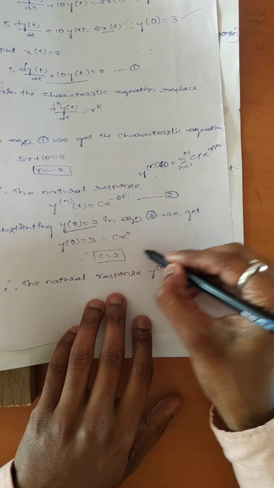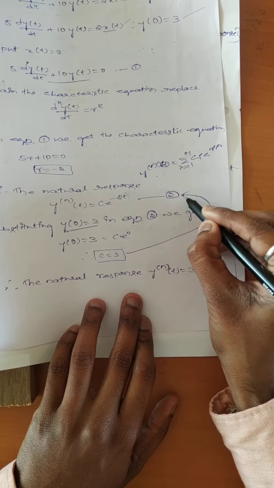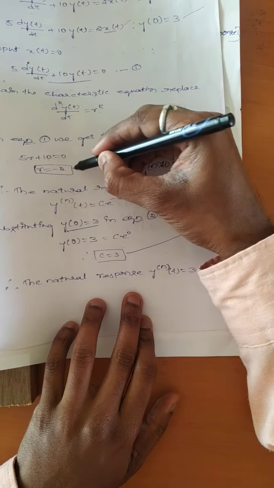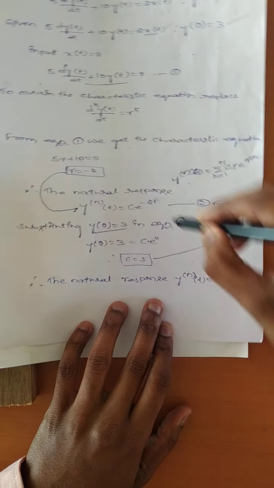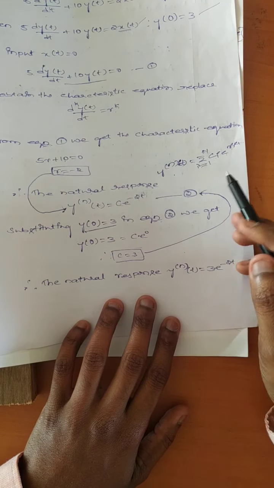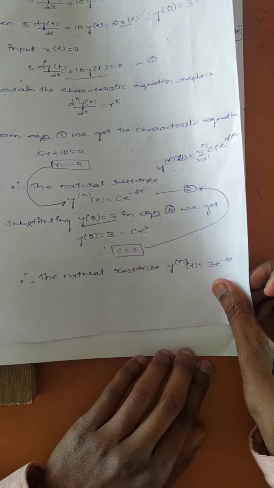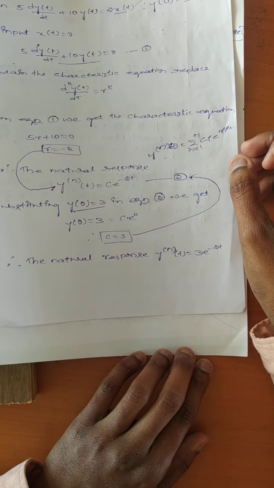Just substitute both the r value and c value in this equation. First you substitute the r value, and then substitute the c value. Calculate c and substitute in equation number 2. This is how we are going to calculate the natural response.